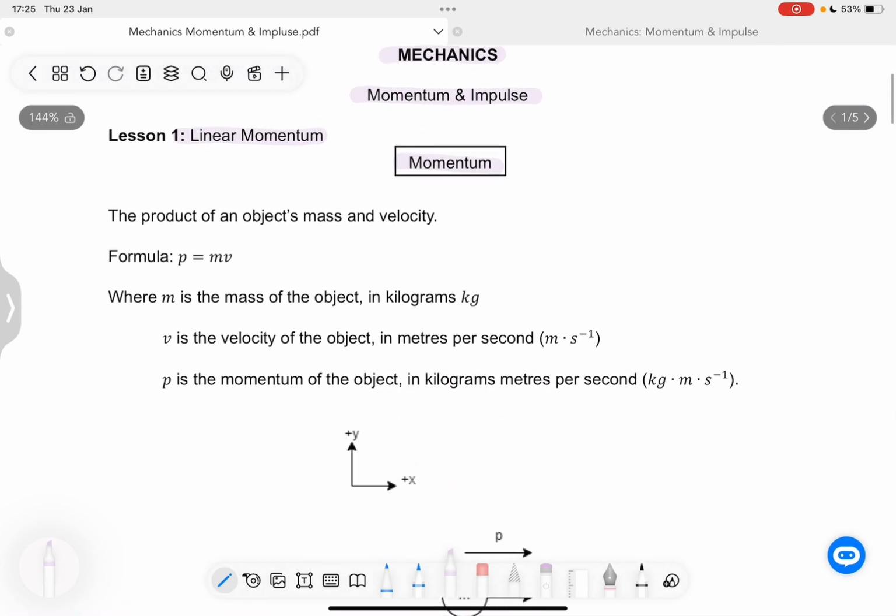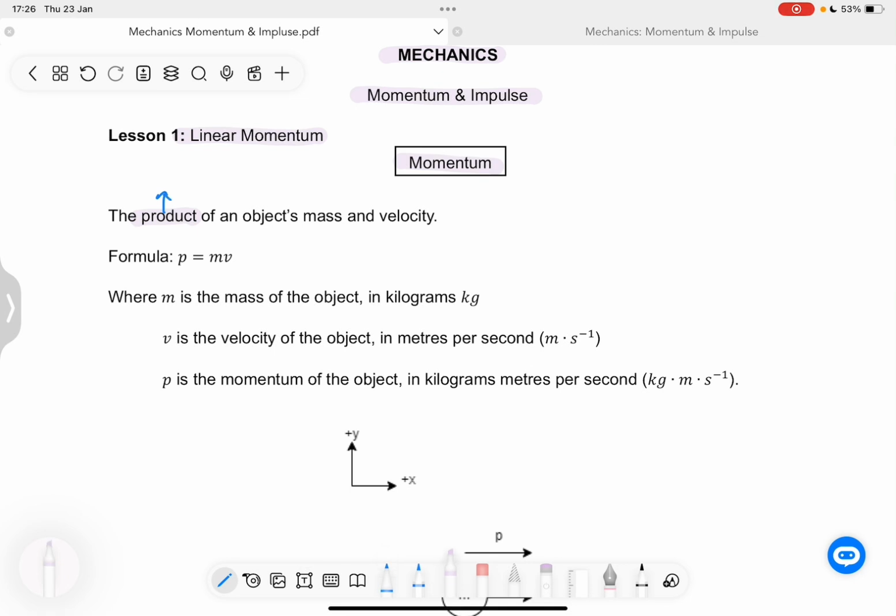Momentum can be defined as the product of the mass and velocity of the object. Let's break down the definition of momentum. The word product, we know from mathematics, means the number that we get after multiplication.